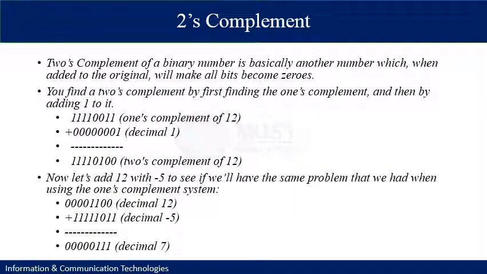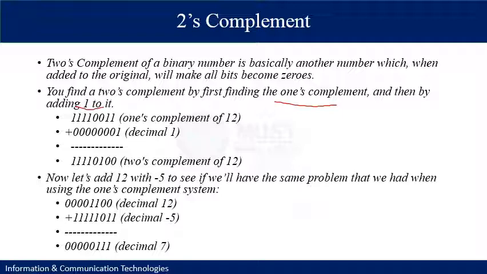So the third form to represent the negative number is the 2's complement. The 2's complement of a binary number is basically another number which, when added to the original, will make all the bits become zeros. To find the 2's complement of any number, first find the 1's complement of that number and then add 1 to it.